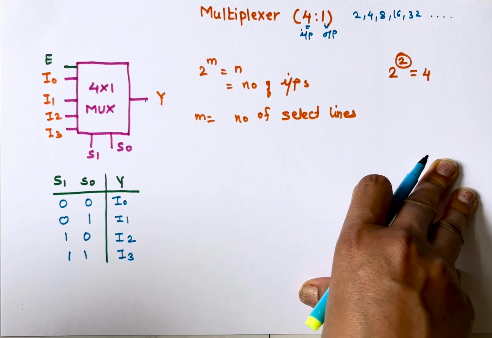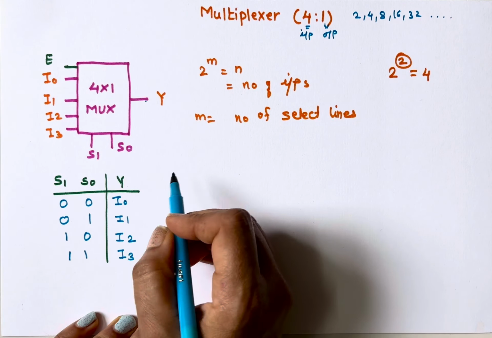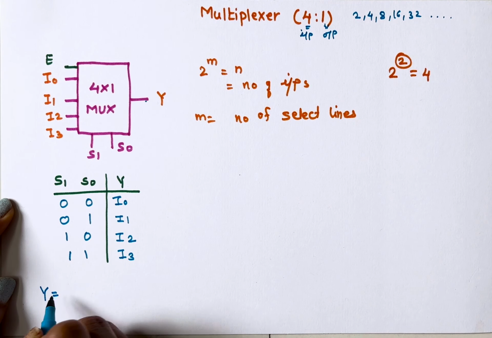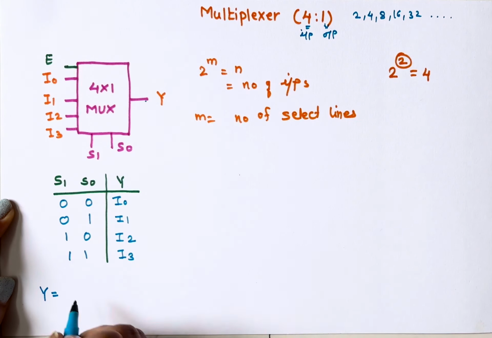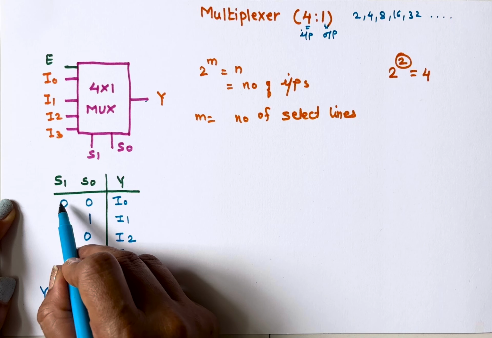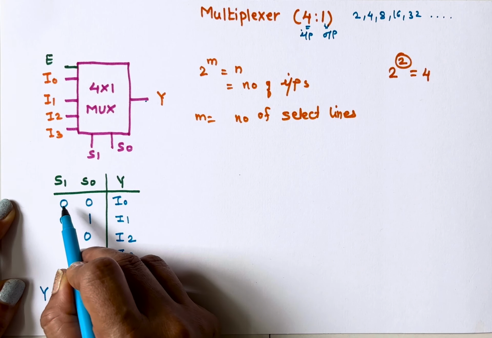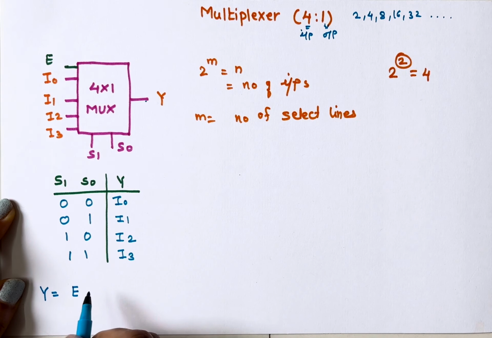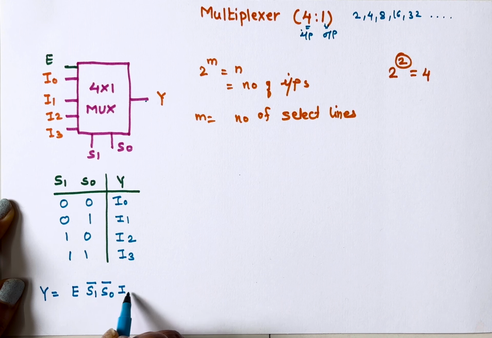So now let's see the implementation diagram. I can write an equation for Y. Every time enable is connected, so enable. For I0, what are the conditions of S0 and S1? S0 is 0, S1 is 0. Whenever the value is 0, we take the bar of that variable. So S1 bar, S0 bar into I0 plus.